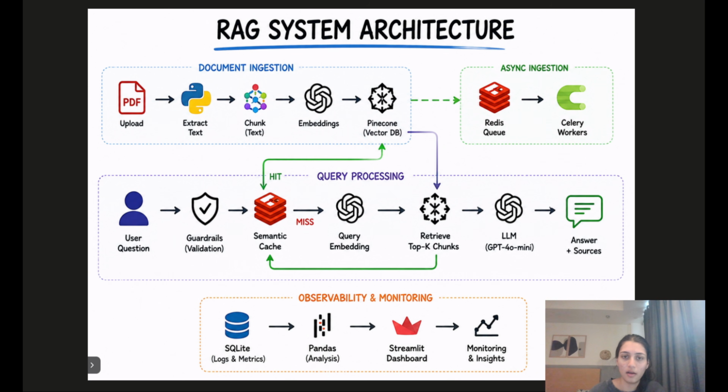The tech stack, we have clearly talked about what we are going to use here. And the final product is not just a demo, it's a deployable system with evaluation, observability, and documented decisions at every layer. All right, so let's get started.